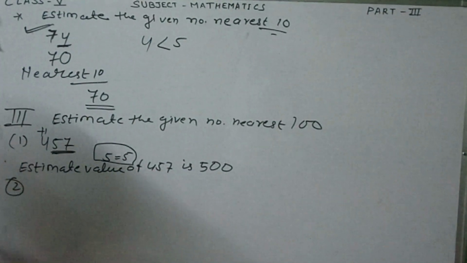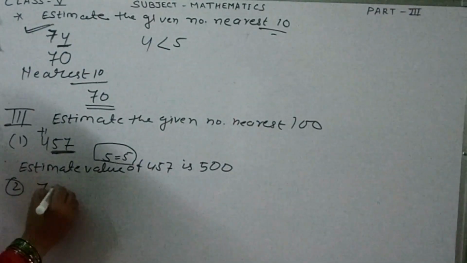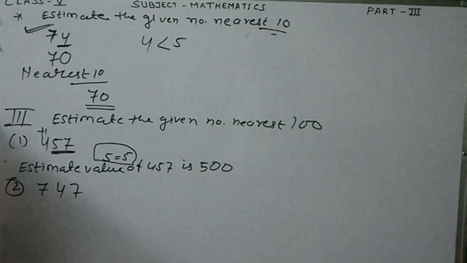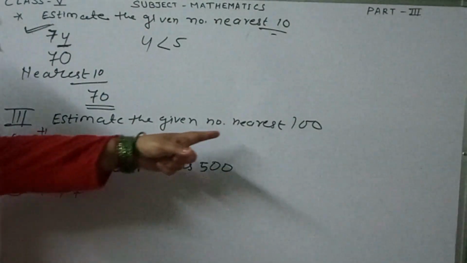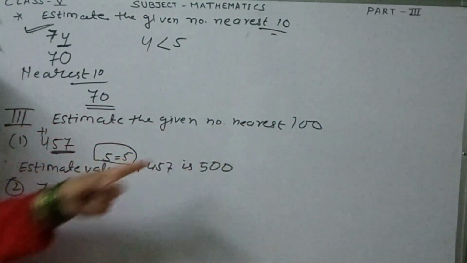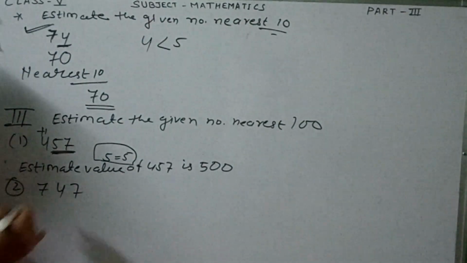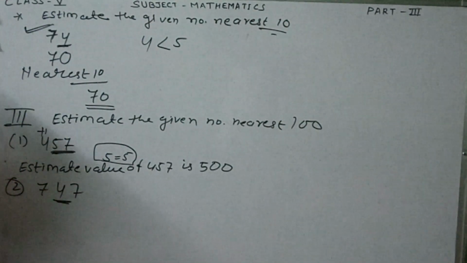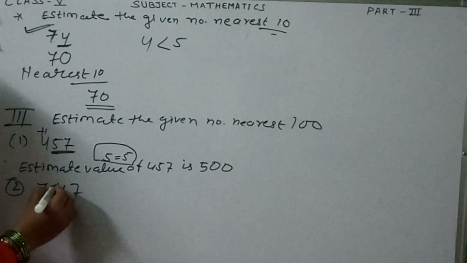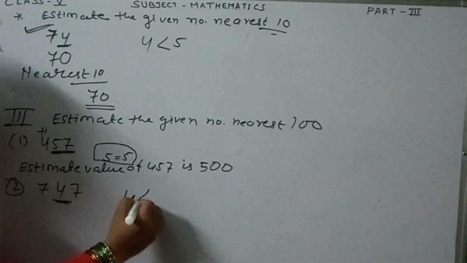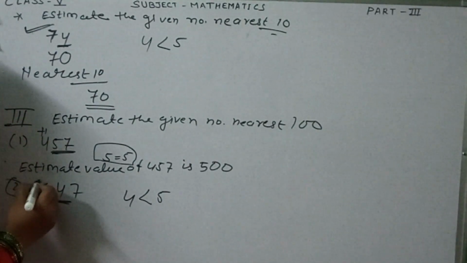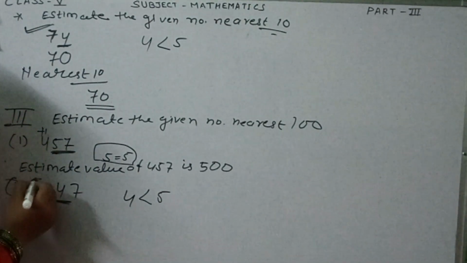Again, see the next example, 747. What I told you: in the case of nearest 100, you have to check the tens digit and compare it with 5. Here the tens digit is 4, and 4 is less than 5. So there is no need to give 1 here. We write the same number.